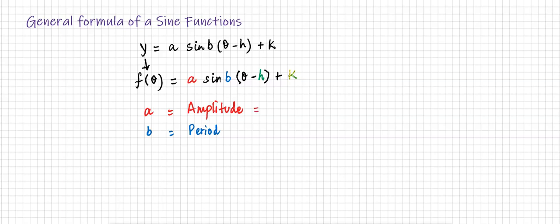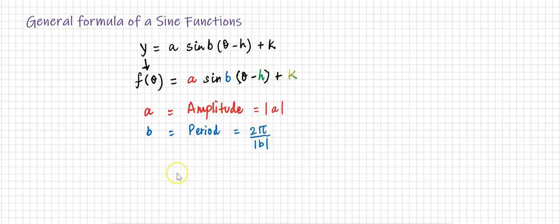Amplitude is basically the absolute value of a, and in the same way, to find the period of any sine function, we do 2 pi divided by the absolute value of b. That's how we find the period of a function.